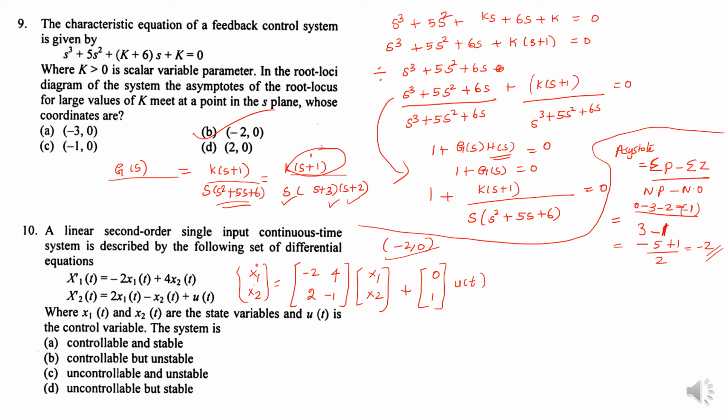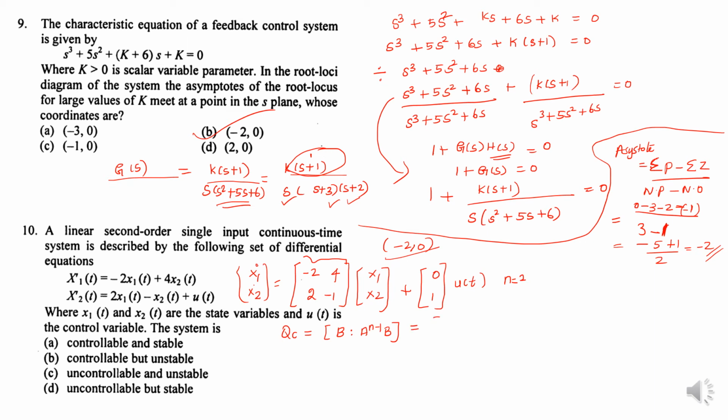First of all, I am going to verify whether the system is controllable. How to find the controllability matrix? QC equal to B, then A power n minus 1 into B. What is n? N is the order of the matrix A. N is equal to 2.